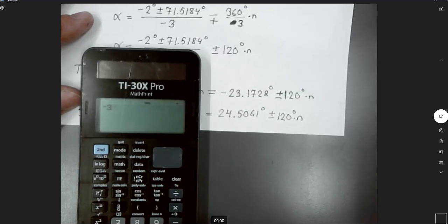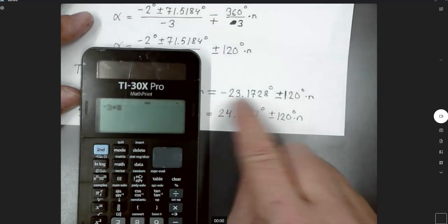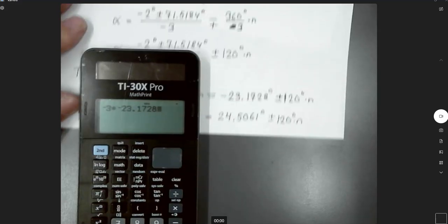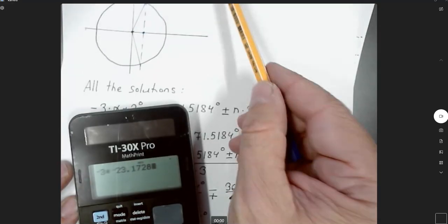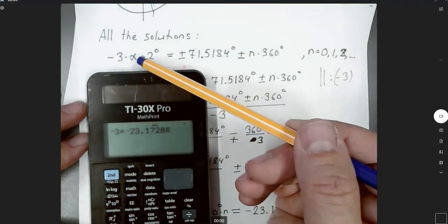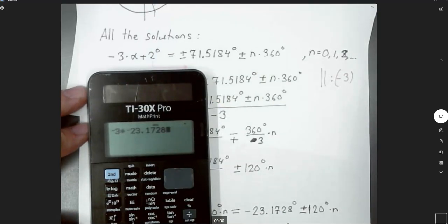Minus 3 times, and I will choose this angle there, minus 23.1728. That is the minus 3 times alpha. Here we can see minus 3 times alpha, and then I have plus 2 there.